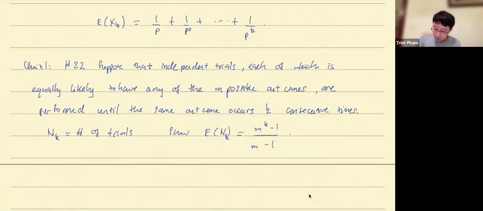Meaning that you would want to condition Nk on Nk minus 1, the number of trials it takes to have k minus 1 consecutive outcomes of the same type. All right. So think about what this should be. Meaning, how would you work out this conditional distribution?